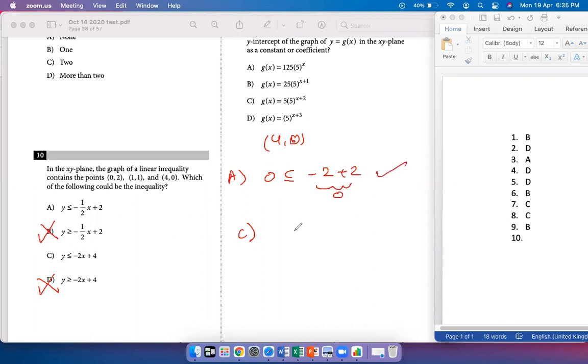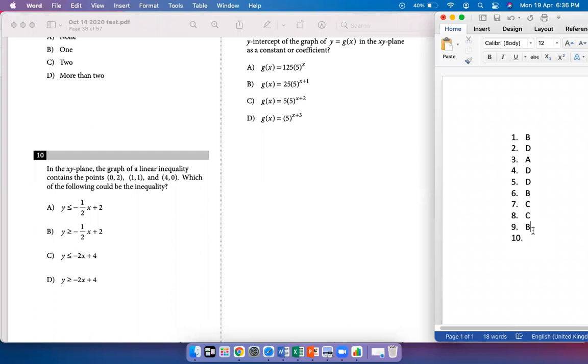So this is fine. And 0 is less than or equal to -8 plus 4, which means 0 is less than or equal to -4, which is not fine, right? So the only inequality which satisfies all 3 points is option A. Okay, so that's option A.